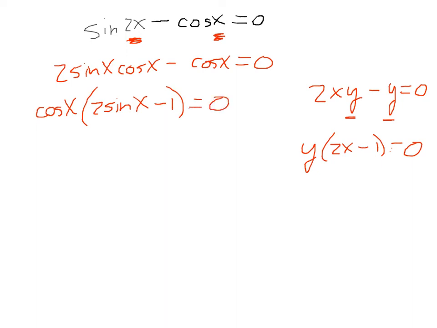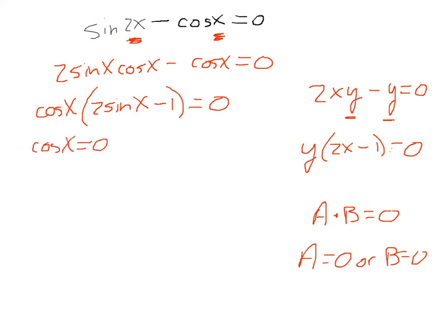And so now I have a product equal to 0. And once again, remember, if a times b equals 0, a equals 0 or b equals 0. And so cosine x equals 0 or 2 times the sine of x minus 1 equals 0.